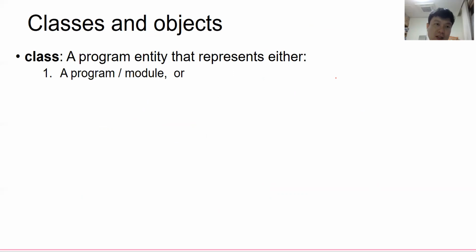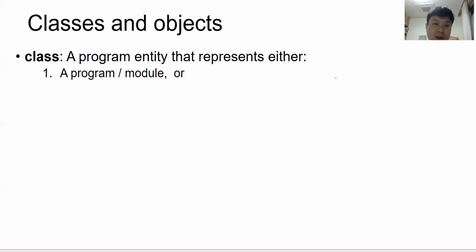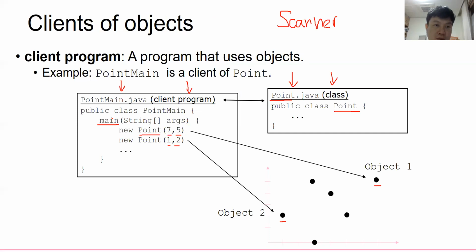So a class is a program that represents either a program or a module or a template. You know that whenever we make a new Java class, you always put a main method. The main method will be the file to execute your program.